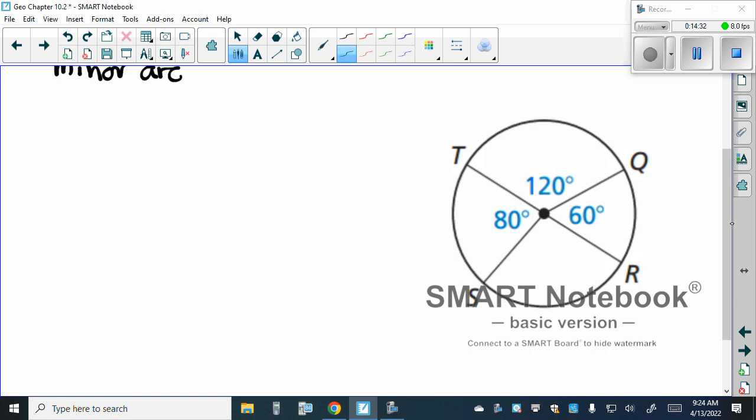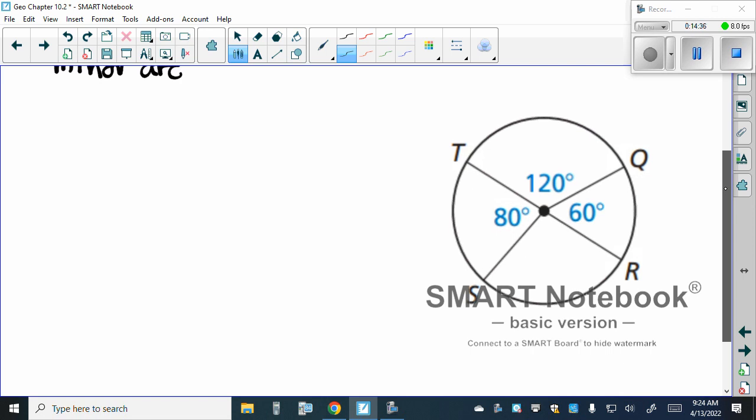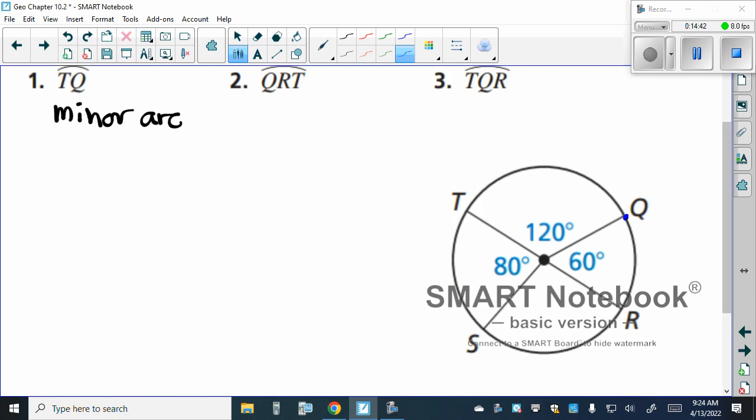it would be major. Because do we need to know what SR is? No, because we're going from Q to R to T, yes? Well, it looks like TR is half the circle, yes? Is half the circle included in this one?